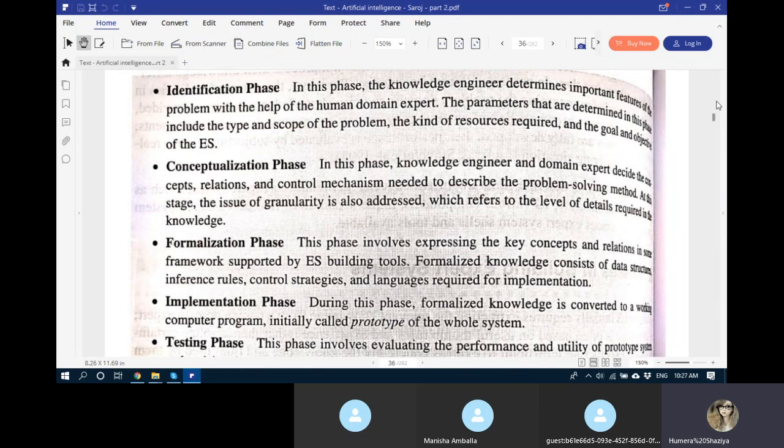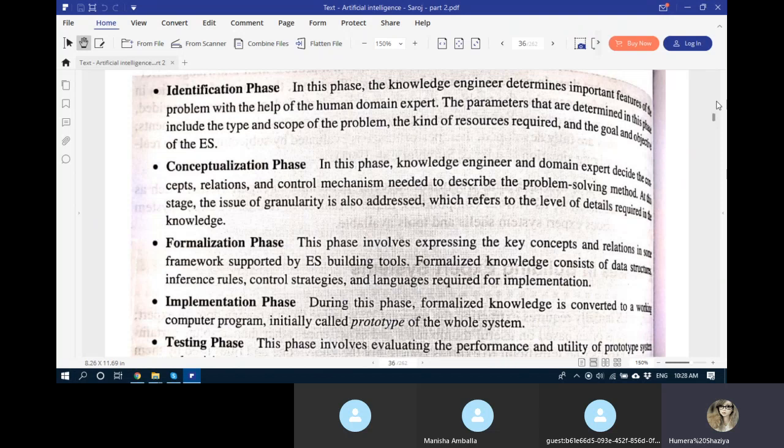Essentially, a domain expert is the one who possesses and exhibits tremendous knowledge about a particular domain. For instance, a cardiologist is a domain expert of heart diseases.